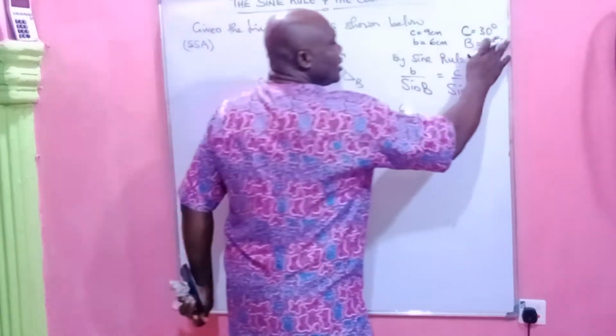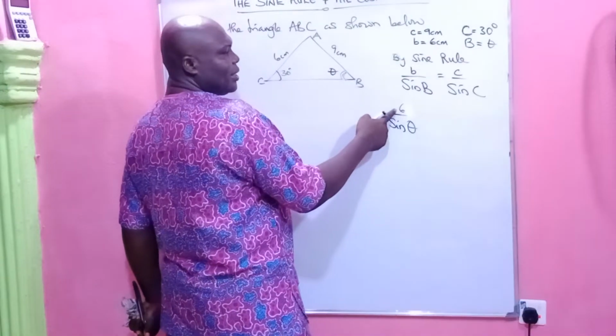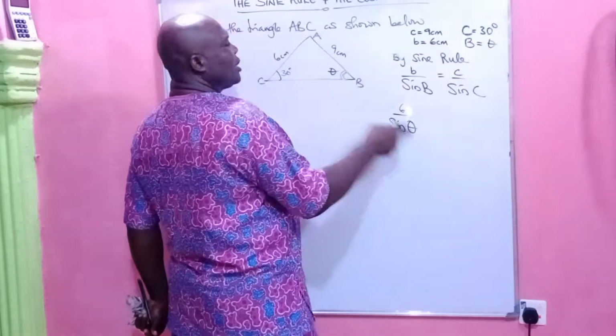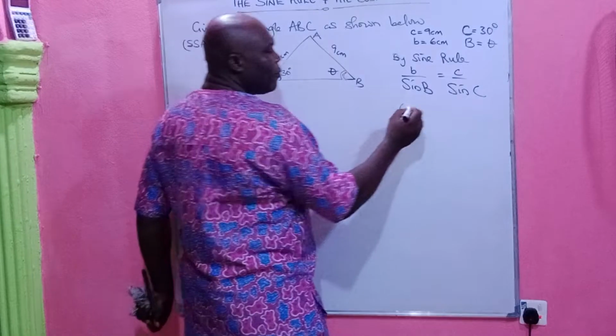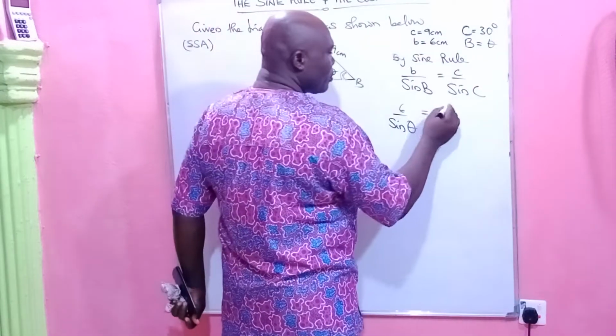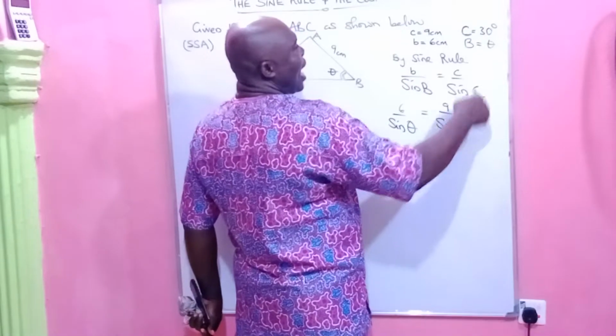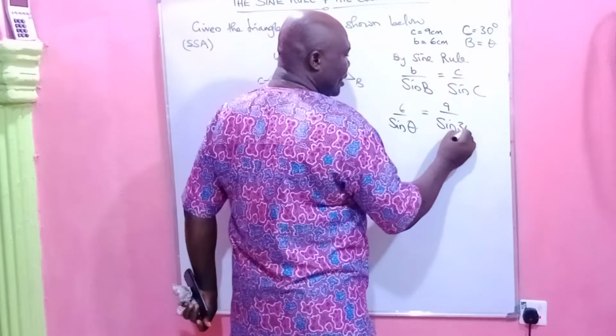Small b is 6. Sine B is sine theta, is equal to small c, that's 9, all over the sine angle of big C, and the big C is 30 degrees, so sine 30 degrees.